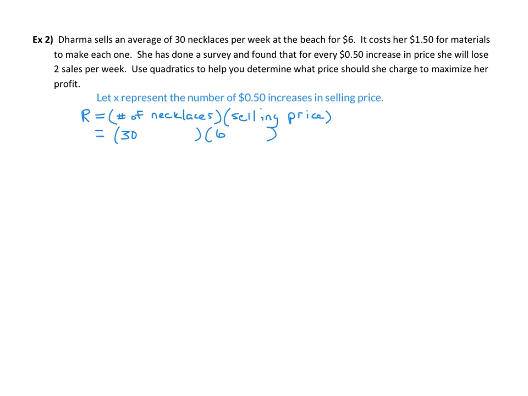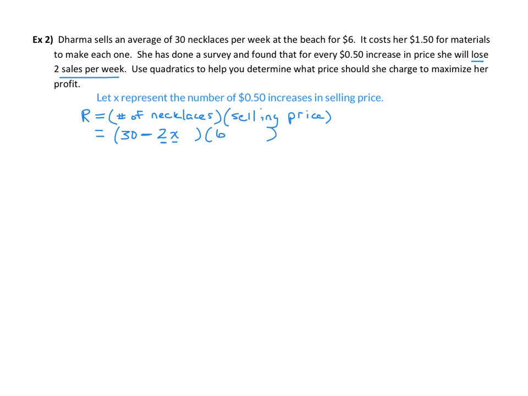But we're going to change that. That 30 necklaces is going to decrease, it's going to reduce or lose 2 sales every week. So the 30 is going to decrease by 2 x's, 2 times the number of times we increase that price by 50 cents. So if we increase by 50 cents, we lose 2 sales.